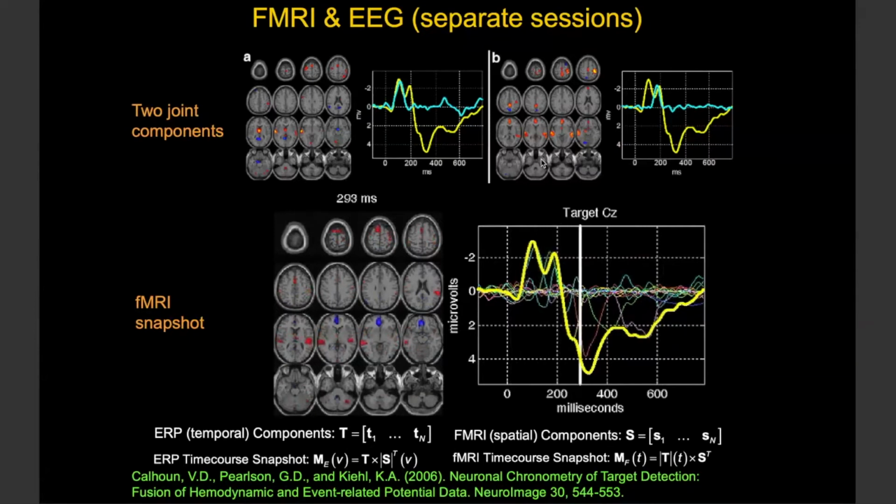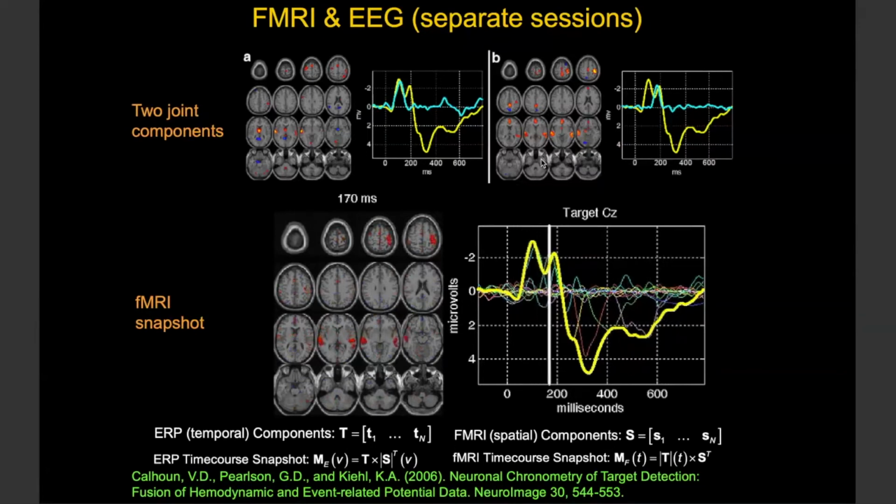And once you get that space decomposed, we have these joint components, and we have several of them. Then it gets interesting because then we can start to leverage the time resolution in EEG and propagate that to the fMRI data.